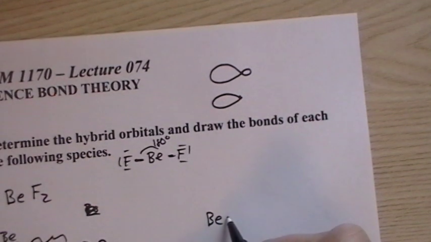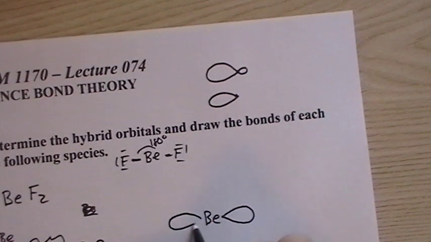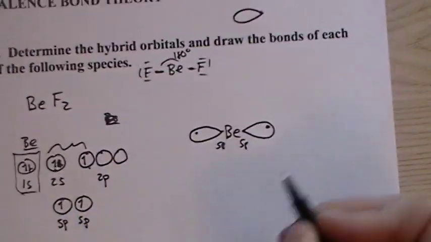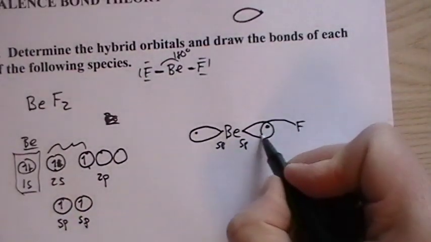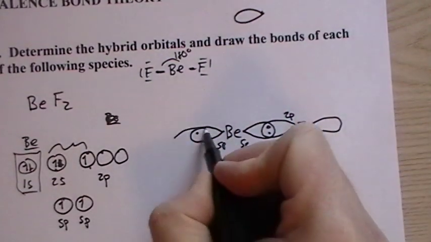So this asks us to draw this, so you put in and label. We have sp and sp. Each of these has an electron. That's what we have here. And then the fluorines come in with their 2p orbitals, half-filled.